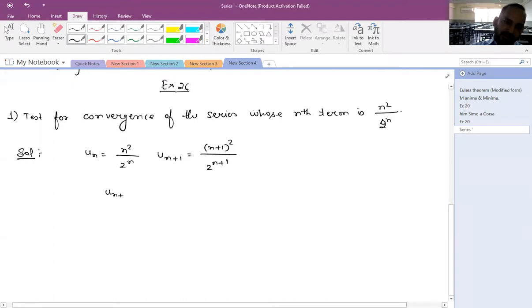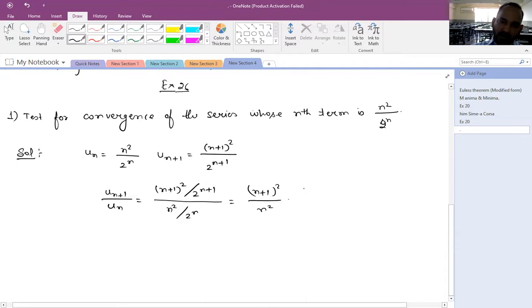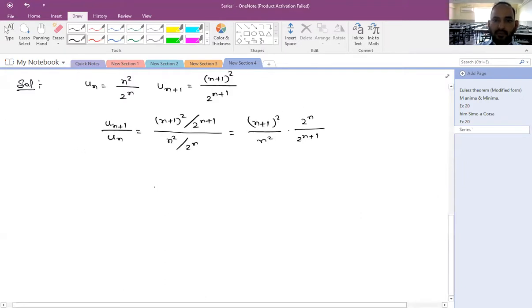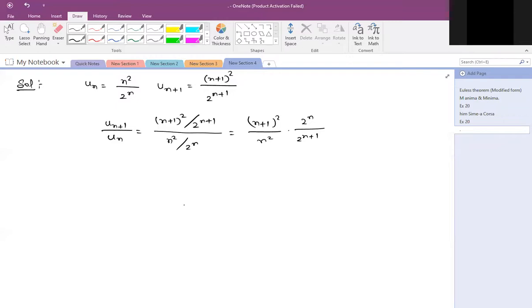Now un plus 1 upon un is n plus 1 whole square upon 2 raised to n plus 1, upon n square upon 2 raised to n. This implies n plus 1 whole square upon n square, times 2 raised to n upon 2 raised to n plus 1. Right?